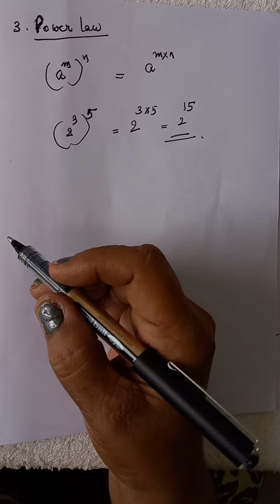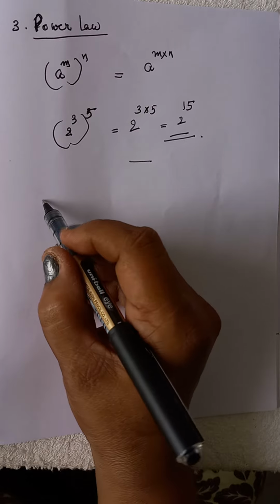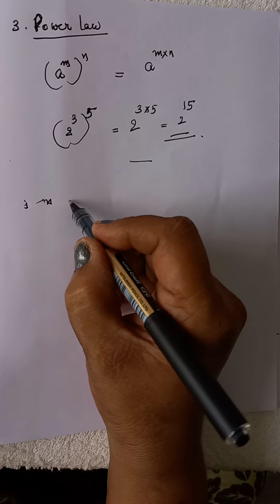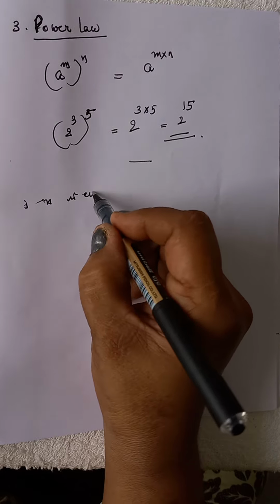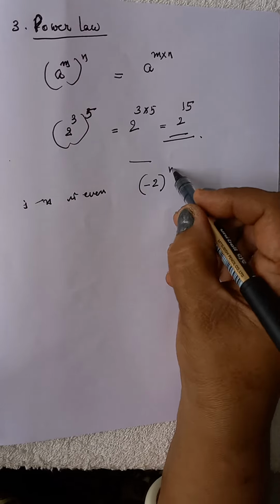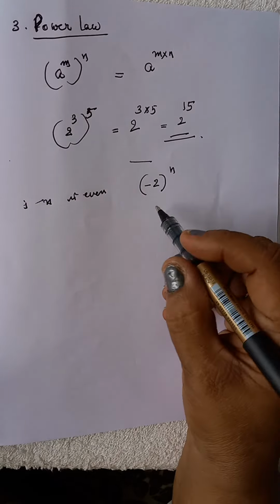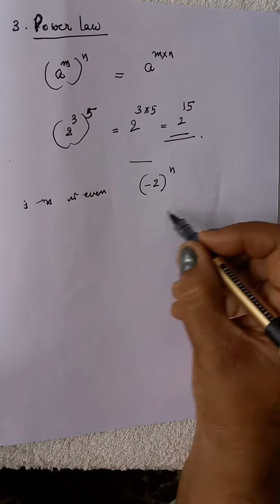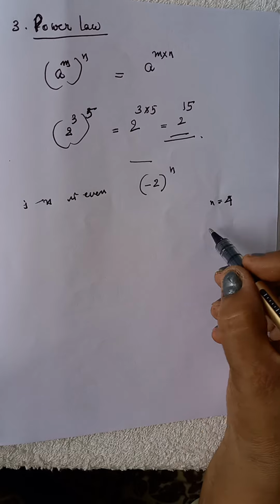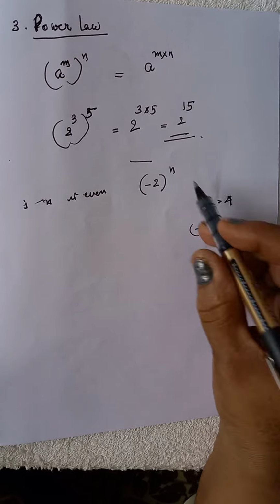Next, now if you take n as even, n is even, then what is minus 2 raised to n? That is, for example, if you take n as 4, then minus 2 raised to even.